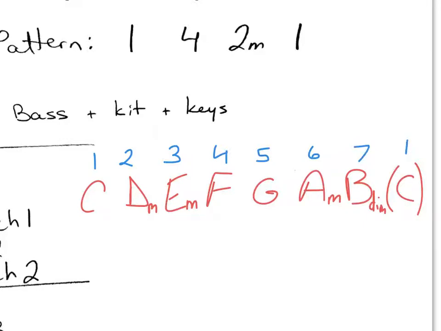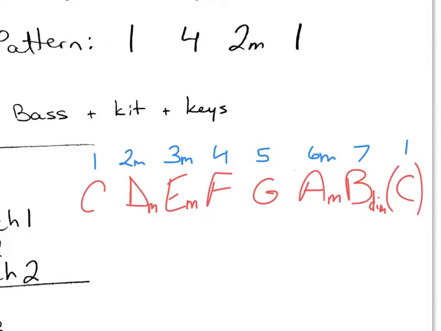The other thing to know about the Nashville notation system is that when you have a minor chord, you generally put a little m as well. Instead of writing the chord E minor on the page, you'd write 3 minor. Or instead of writing the note G, you'd put a number 5.